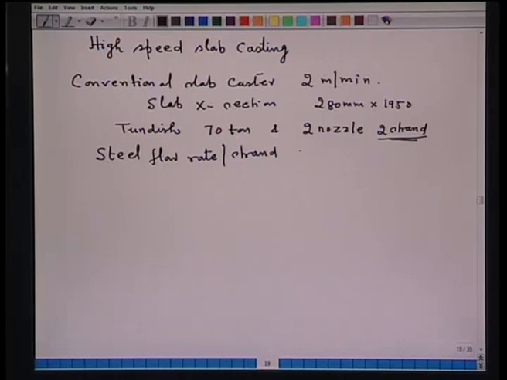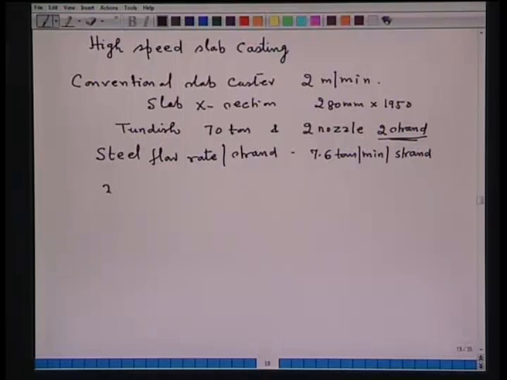Then I get steel flow rate per strand equal to 7.6 tons per minute per strand. This is what you are doing already. You are producing slabs from these particular arrangements.